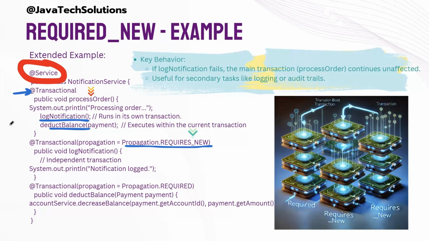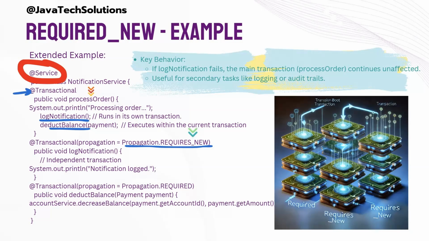Okay, here if you see, process order starts the new transaction as the default behavior is REQUIRED. Then log notification is annotated with REQUIRES_NEW, meaning it will create a new transaction. If deduct balance fails, the changes in save audit log, the audit entry, remain unaffected, so deduct balance or log notification will be unaffected.